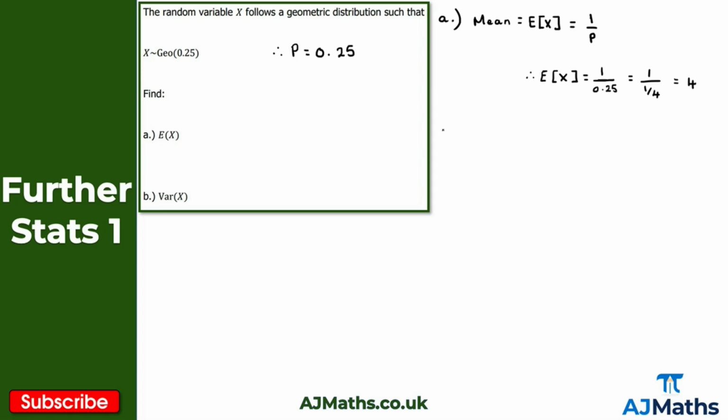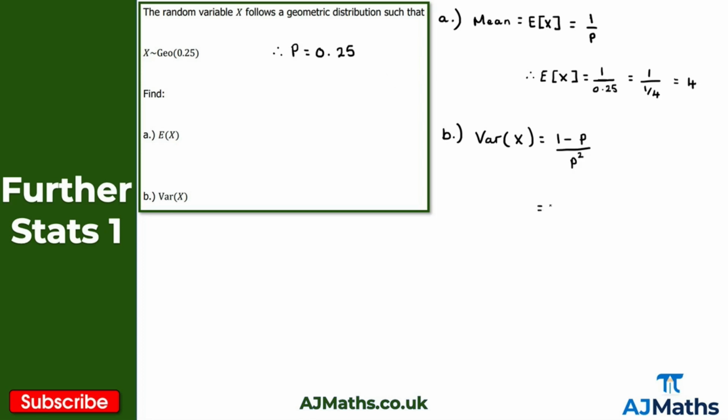For part B, we're now looking for the variance of this random variable X. Again, the result that we need is 1 minus p all over p squared. We know what p is, that's 0.25.